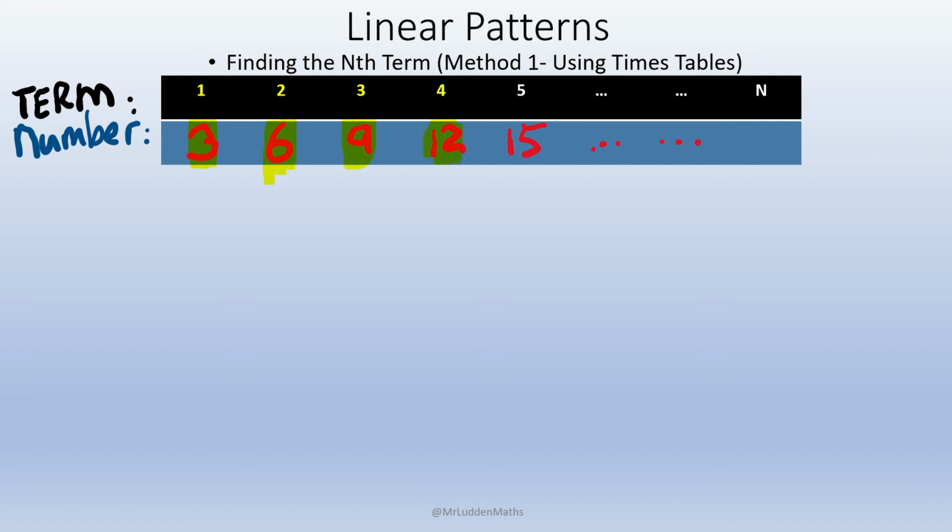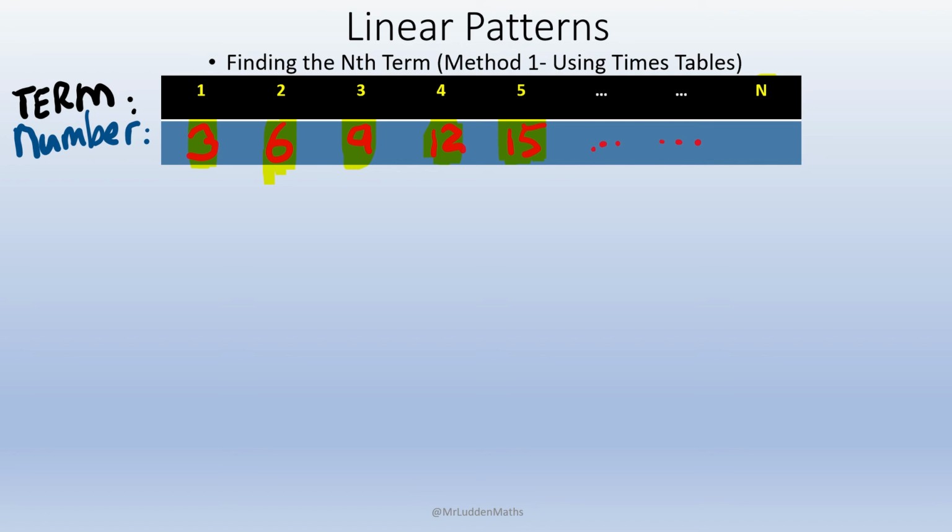The numbers up top, the 1, 2, 3, 4, represent the position of the numbers, and your 3, 6, 9, 12 are the actual numbers. If your question just asked what the first term was, you would say 3. If it asked what the third term was, you would say 9, and that would be great if that was all the question was asking. However, they might ask you what the nth term is, so I've highlighted that in yellow there.